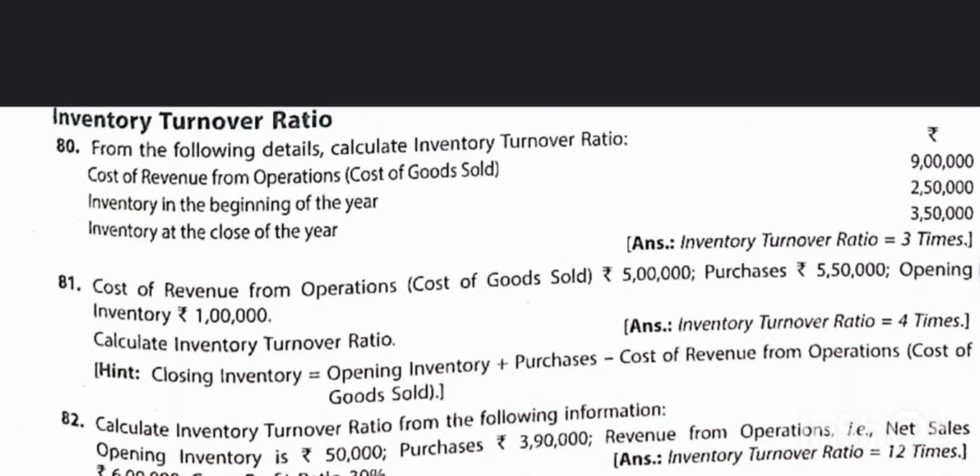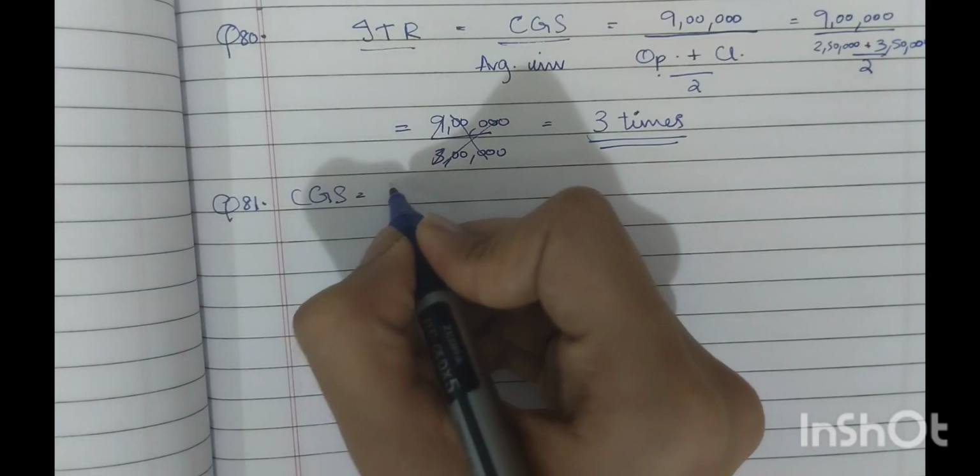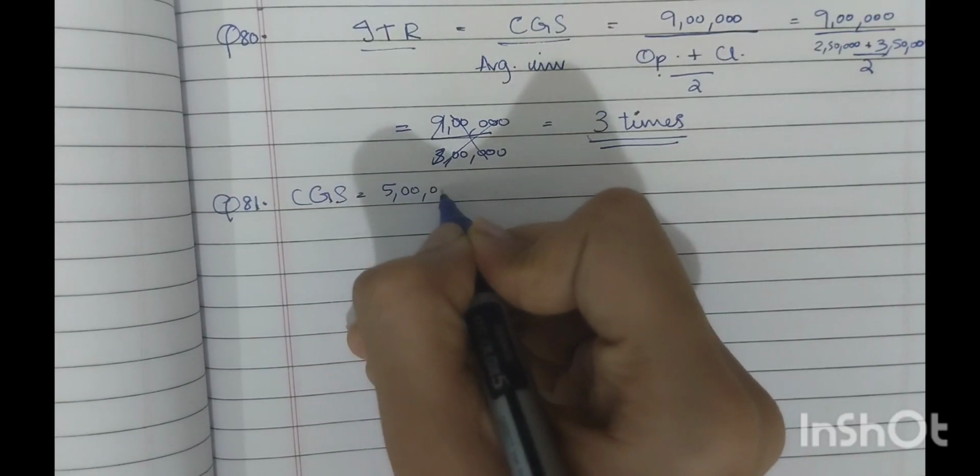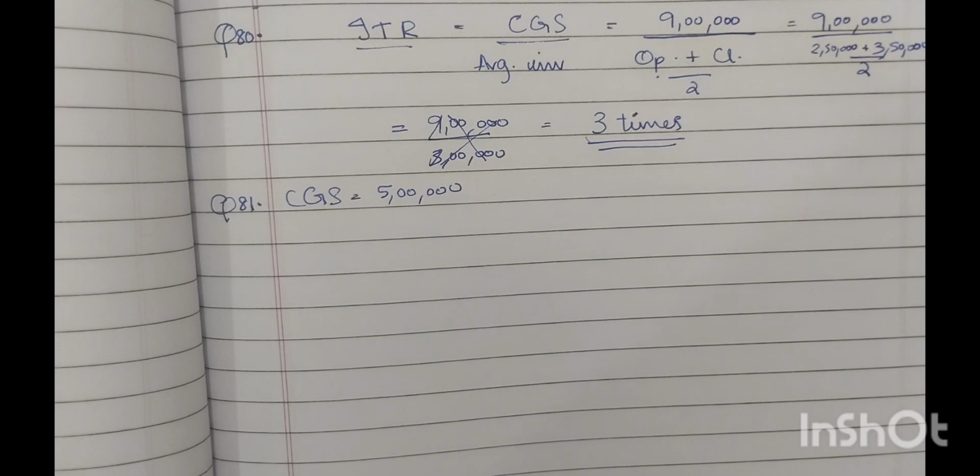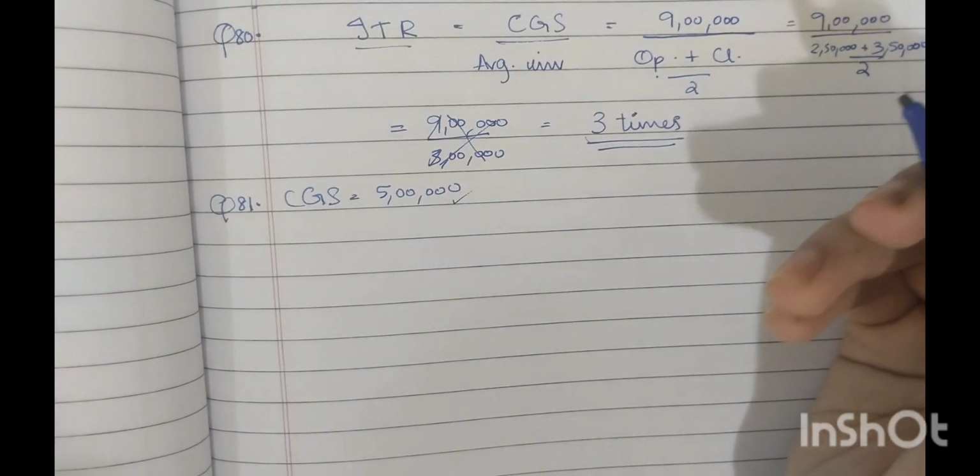Right, now question 81. It says that CGS is 5 lakh, purchases is 5,50,000, opening inventory or opening stock is 1 lakh. Now they've asked us to find inventory turnover ratio. We have the first part of it, CGS.